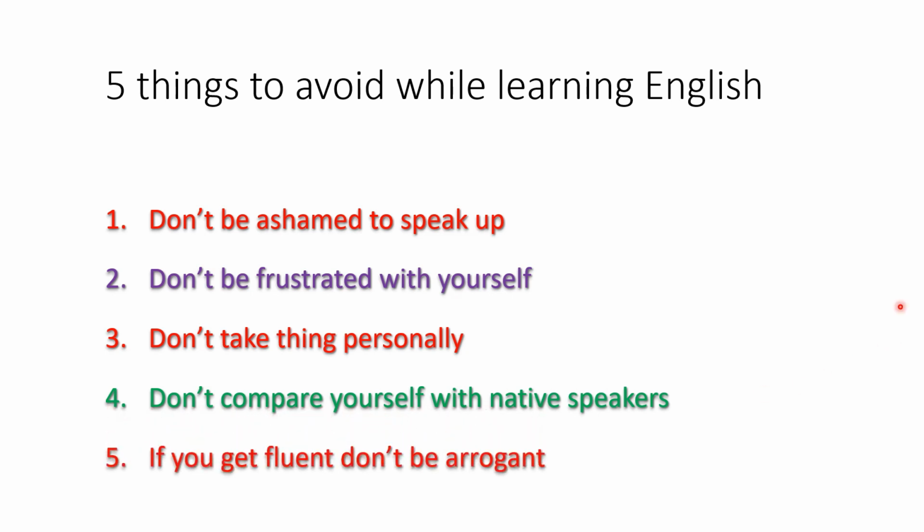Number 5, if you get fluent, don't be arrogant. Arrogant means proud. So some students from the beginning are very confident, and they are very fluent in speaking English. If you feel so, never feel proud, and you have to think that as a beginner speaker, everybody will face such type of problem.